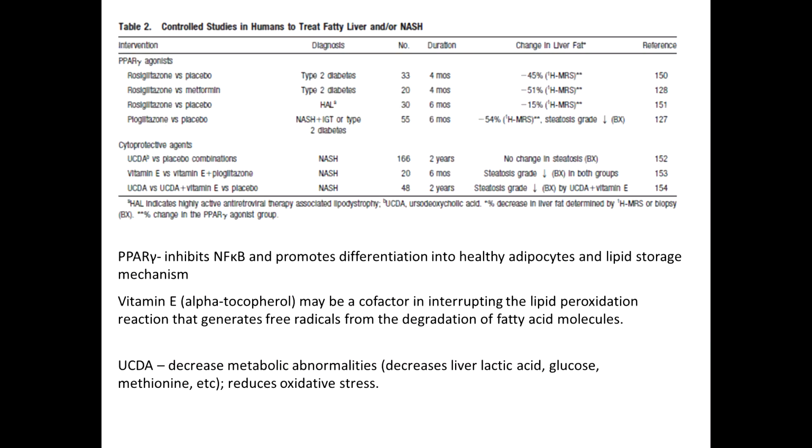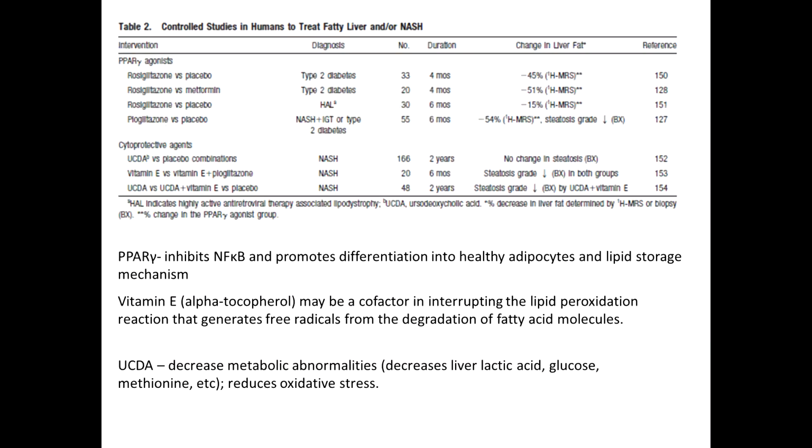And this just offers a couple, or I guess 3, let's see, 3 different therapeutic modalities or pharmacological interventions that can be used to maybe inhibit this process. Now, PPAR gamma inhibits the NFKB pathway and promotes differentiation into healthy adipocytes.